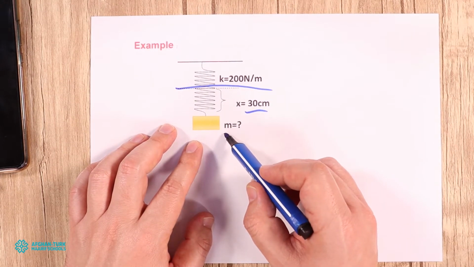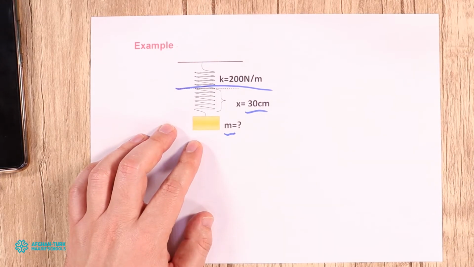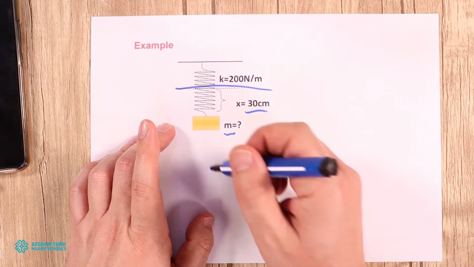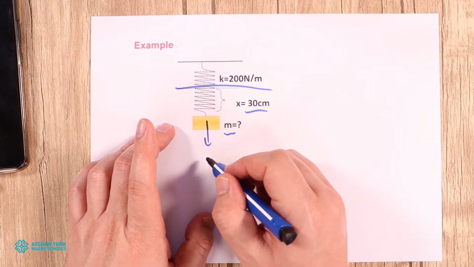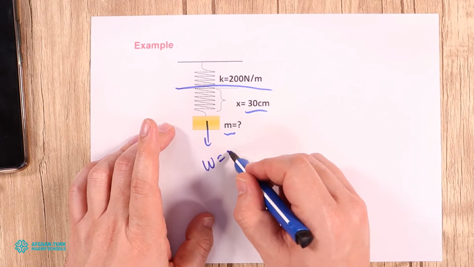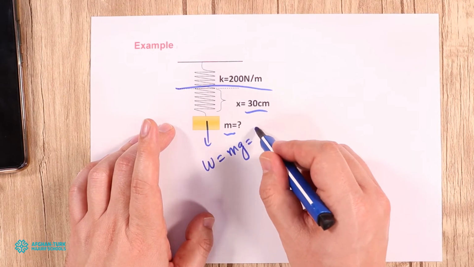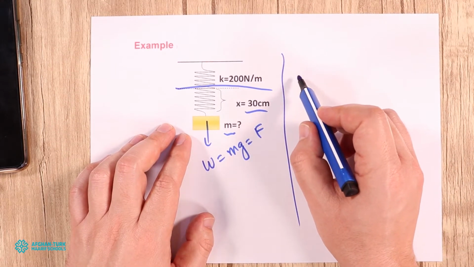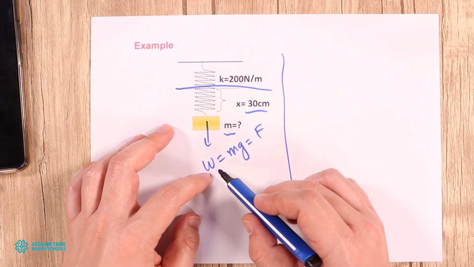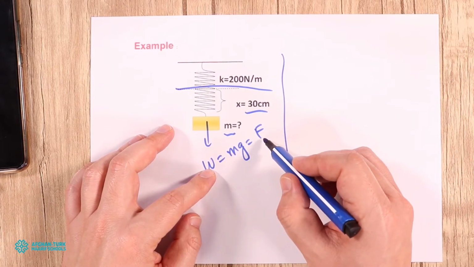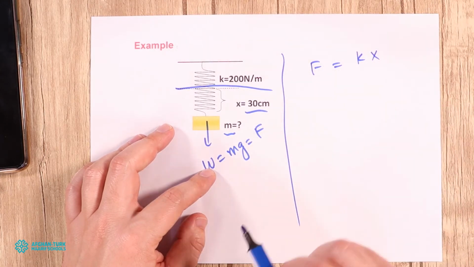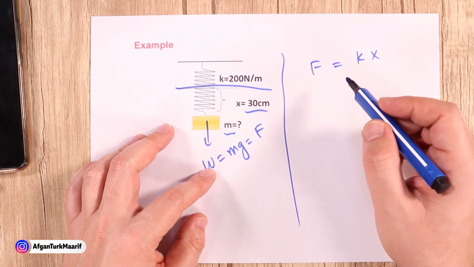They ask what the mass of the block of the system is, so we will find the mass. One thing to remember: it moves downward, so it is weight, and weight is equal to mg, which is also equal to force. Using Hooke's law, the force is equal to k times x, the spring constant times the displacement.